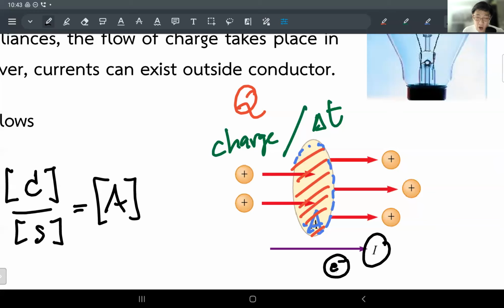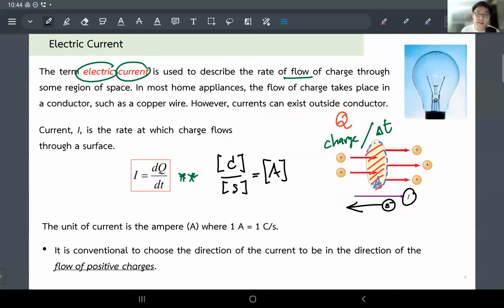So a negatively charged particle, such as an electron here, is going to move backward. Okay, so it means if you have a negatively charged particle moving to your left, the current generated by that is going to your right. All right. But when you do circuit analysis, we don't really talk about electrons at this point, right? We just care about the currents. And usually we use I as the notation for the current flow. Cool. So far, so good.